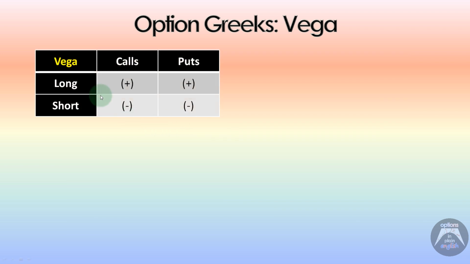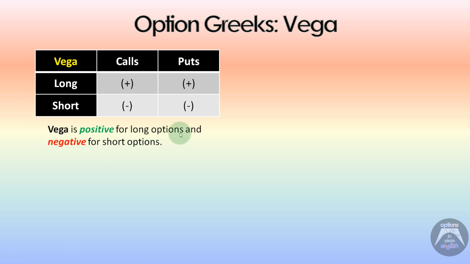As you can see, Vega is positive for long options and is negative for short options. So options are always going to benefit from a higher level of implied volatility. Why? This is because if you have a higher implied volatility, a large price swing is going to be more probable.